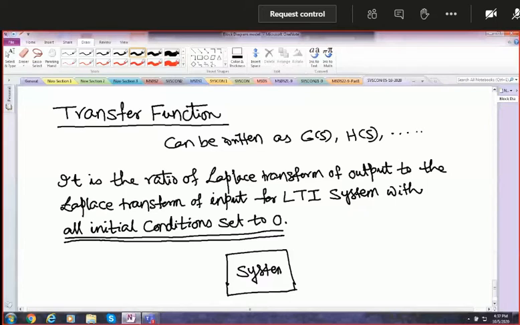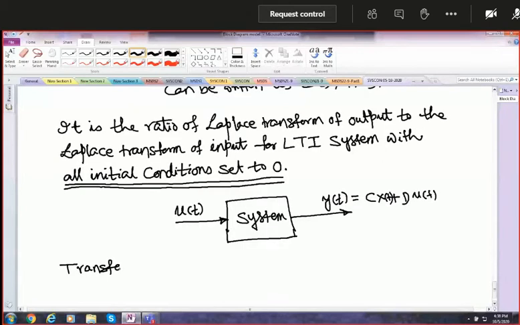Now we define the transfer function G(s) equal to the Laplace transform of y(t) divided by the Laplace transform of u(t), that is Y(s) by U(s), with all x naught equal to 0.